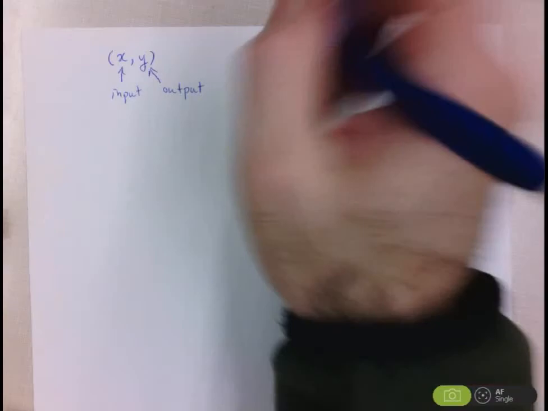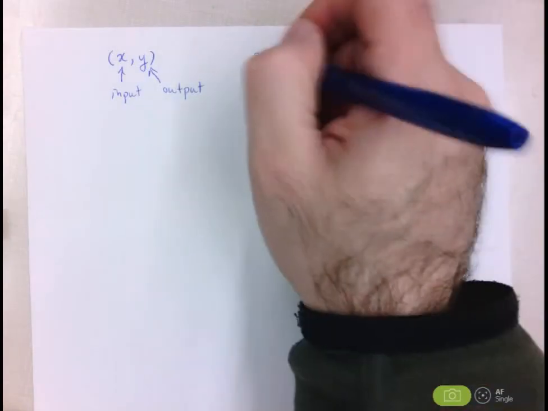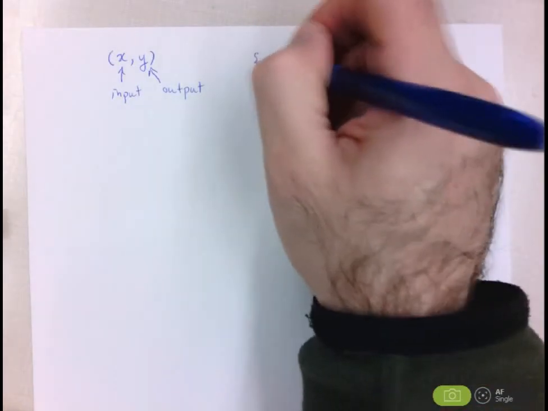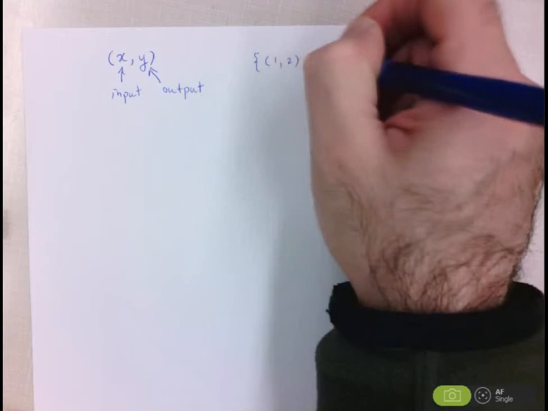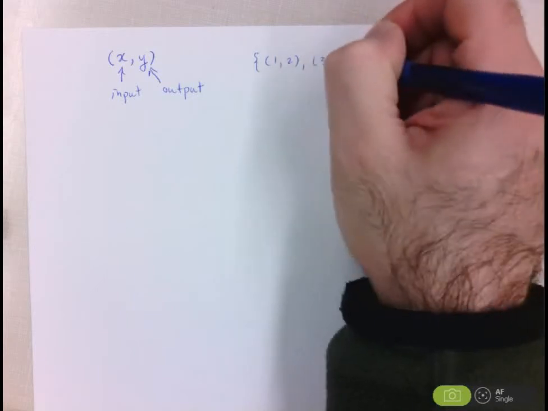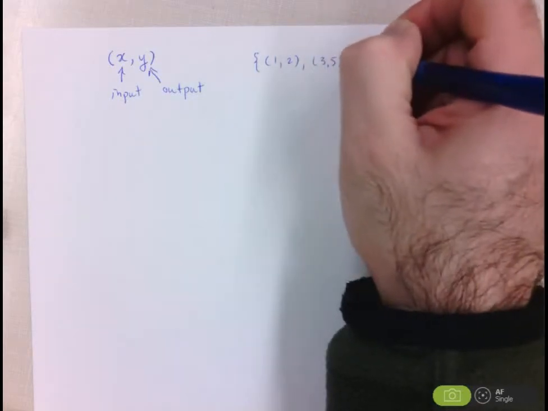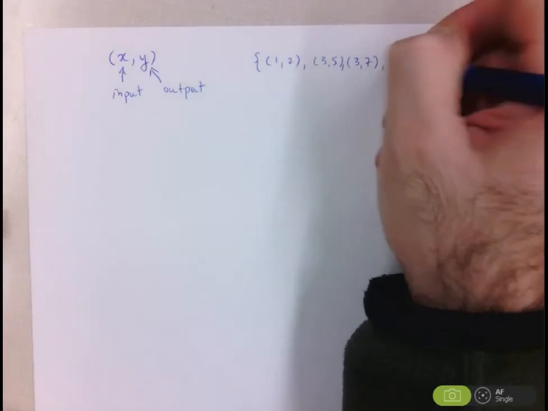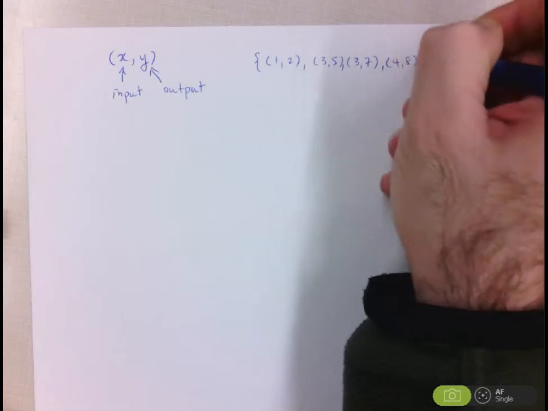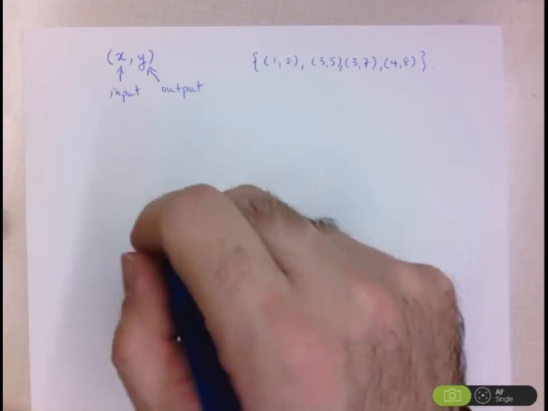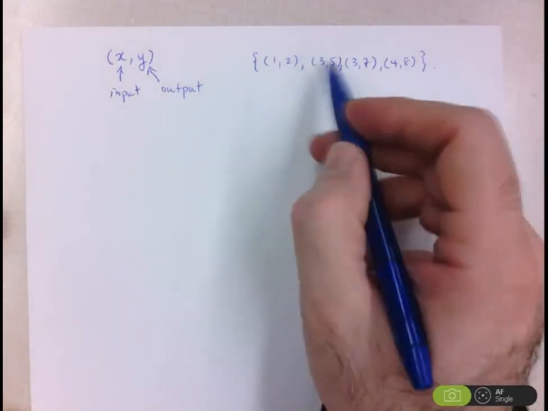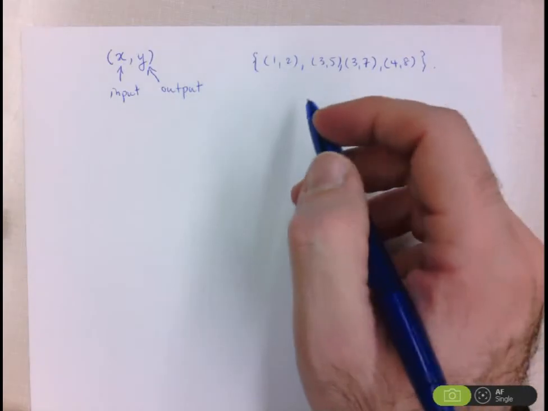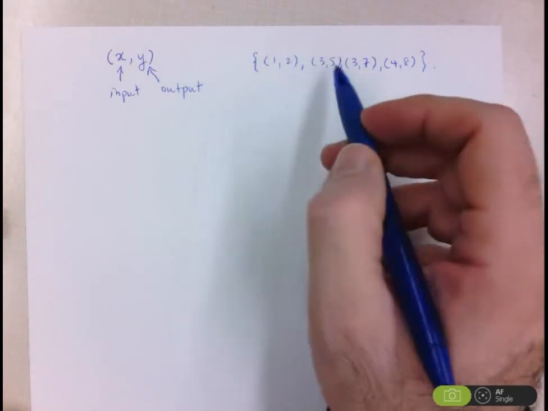As an example, if I take the set which includes the points (1, 2), (3, 5), (3, 7), and (4, 8), this would constitute a relation. It's a set of ordered pairs. In this case, I was able to just list the ordered pairs.